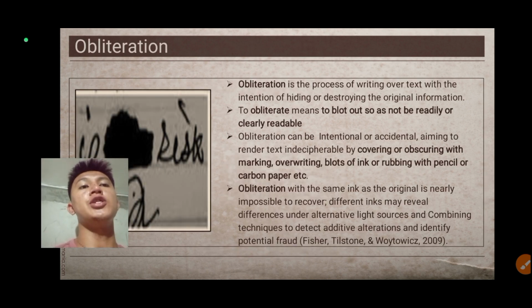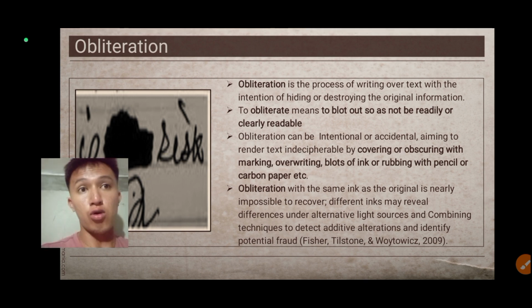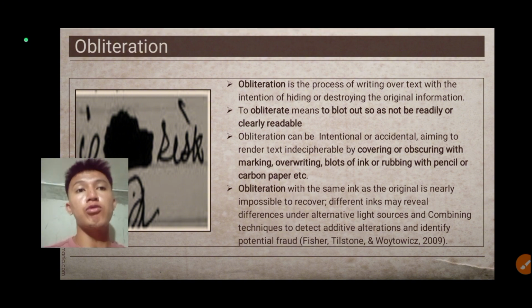Obliteration. Obliteration is the process of writing over text with the intention of hiding or destroying the original information. To obliterate means to blot out so as not to be readily or clearly readable.